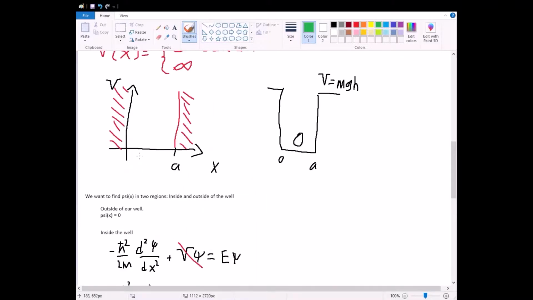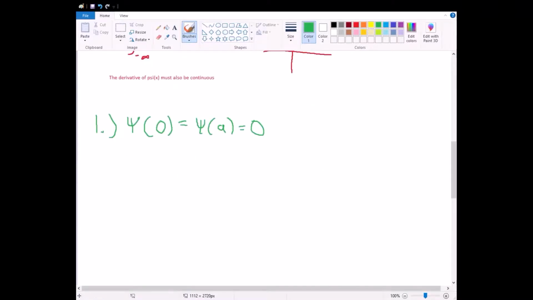Because if we look at our well, V of x just instantaneously jumps to infinity at 0 and a. So if psi has to be continuous, and we also recognize that psi must be 0 when V equals infinity, we necessarily require psi to equal 0 at these two points, at 0 and a respectively, because otherwise we would have some sort of discontinuity as we go from 0 to whatever infinitesimal amount is less than 0, or from a to whatever infinitesimal amount is greater than a.